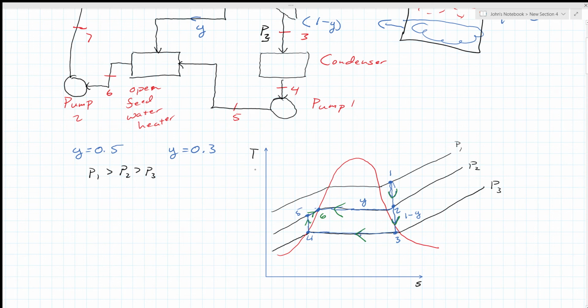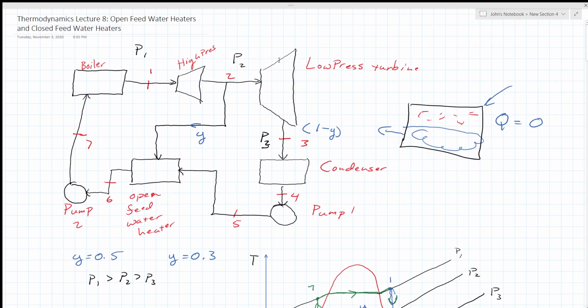Now I'm going to go into my pump and be heated again. So here's 7. Then I'm in my boiler, so I'm adding heat, turning it back into superheated steam. So this here is my TS diagram for a general open feed water heater.